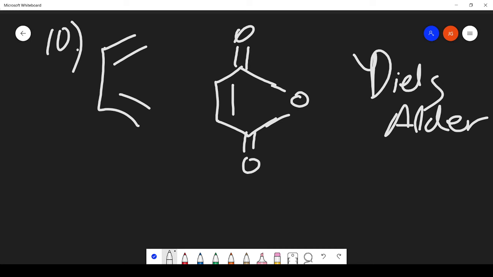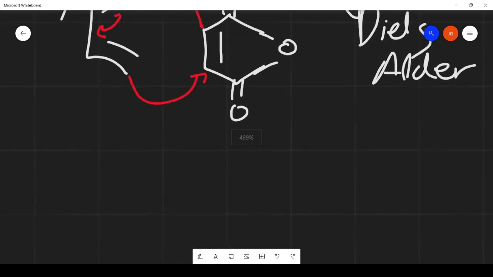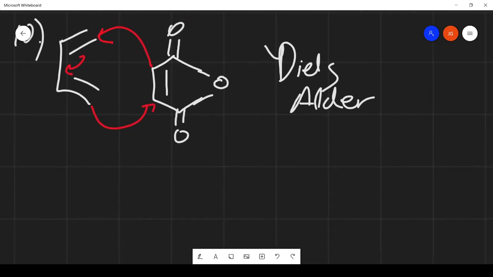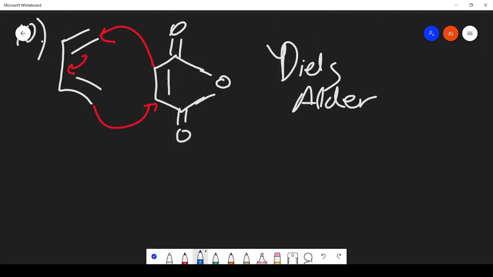Diels-Alder. And so this one's pretty straightforward. It's definitely a lot more straightforward than the bicyclic monstrosity that we saw earlier. We're going to take the dienophile, attack this terminal carbon, bring a double bond in, and attack it back out. It's always good to label the carbons so we can keep track of them.